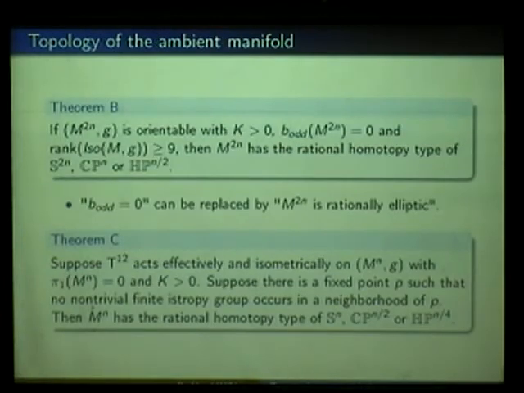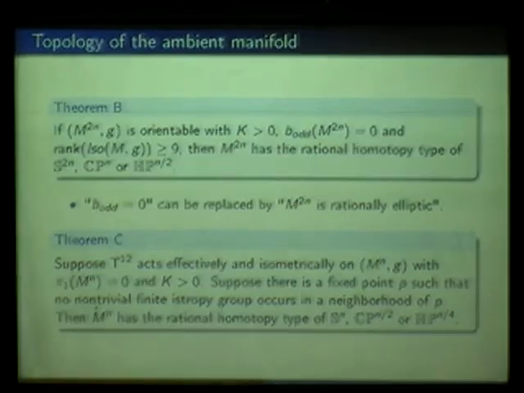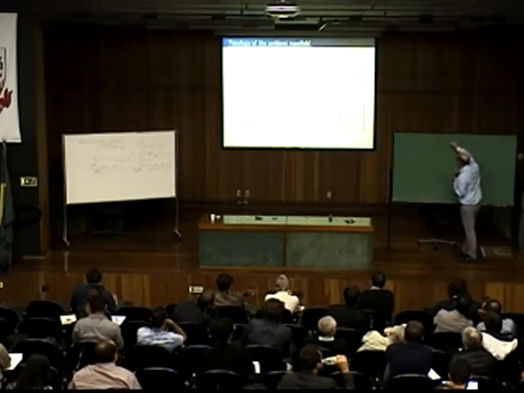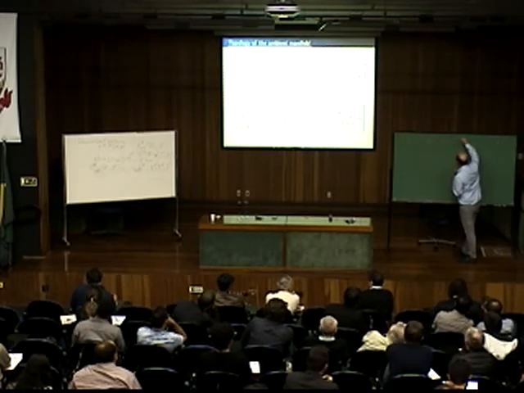So how do we get the ambient manifold under control under these assumptions? If the odd Betti numbers are 0, right? So we have a T^9 action on our manifold, so it's even dimensional. And so then the spectral sequence, so we look at the equivariant homology.